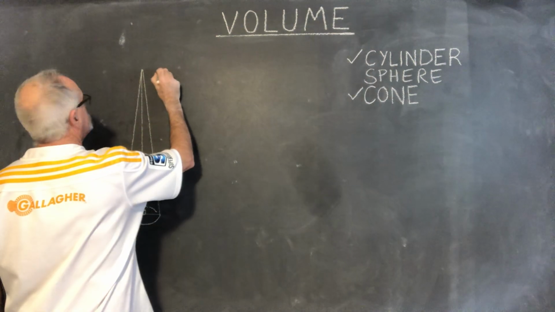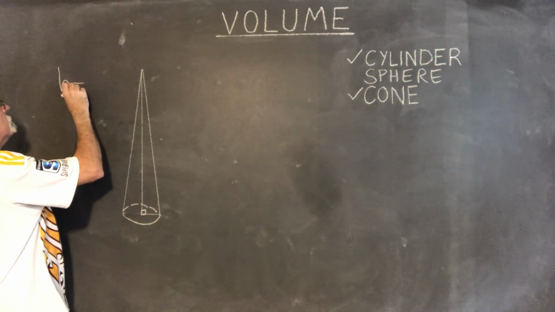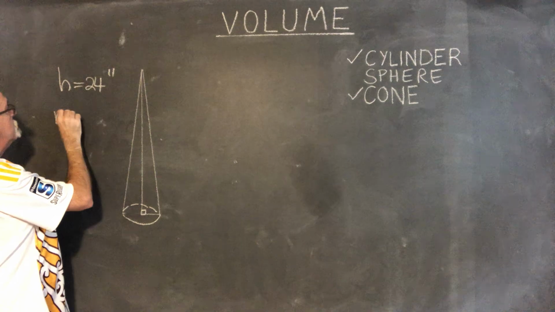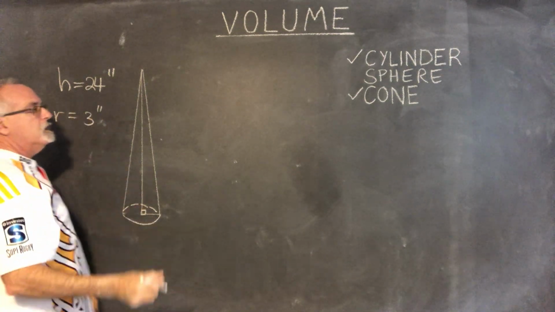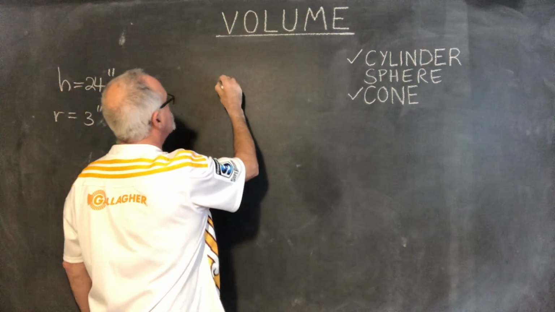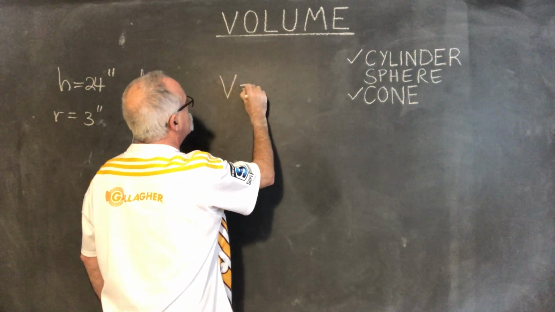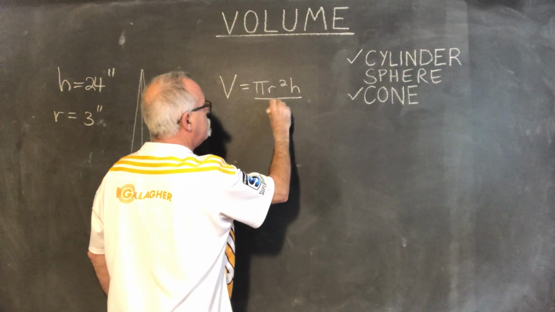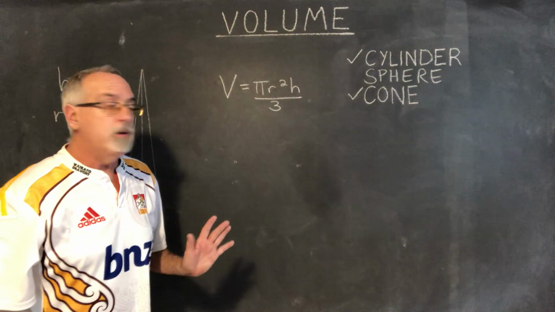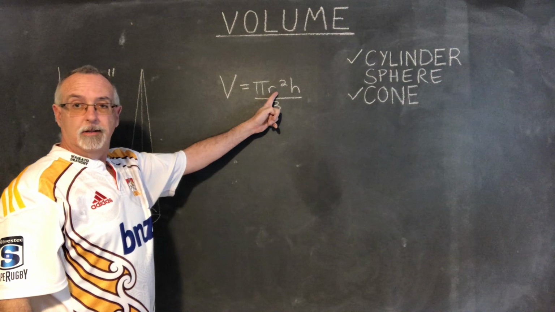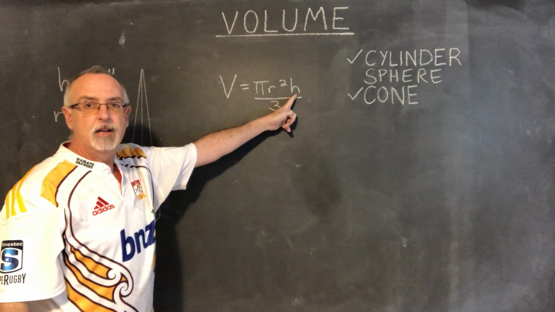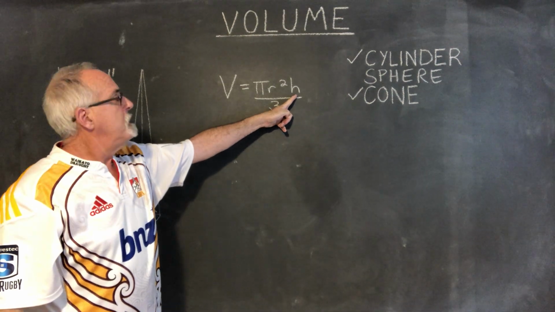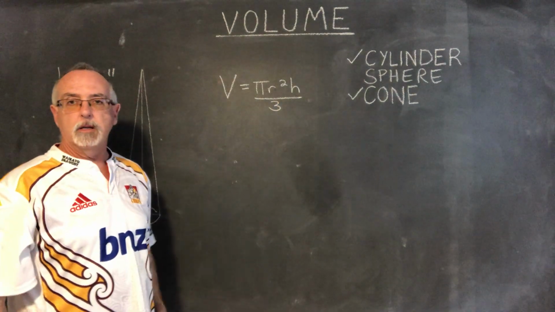So I'll write that here. Height equals 24 inches, and the radius was 3 inches. And we can just go straight into our volume of a cone formula, which is V equals pi r squared h over 3, or if you will, the area of a circle times the height of the cylinder divided by 3, because it's not a cylinder, it's a cone.